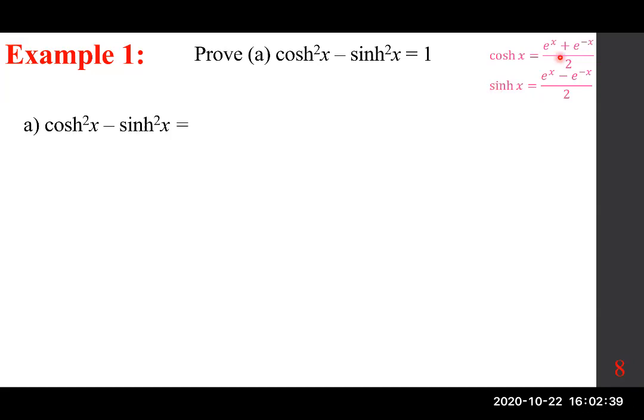That means square the first one minus square the last one. Now, it's just a matter of keeping proper accounting, doing elementary algebra. If you square this one you get e to the power of 2x. Then 2 times the last, 2 times e to the power of x times e to the power of minus x becomes positive 2, and then plus e to the power of minus 2x over 4.